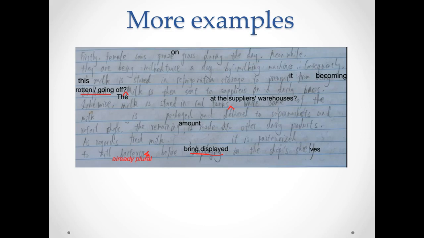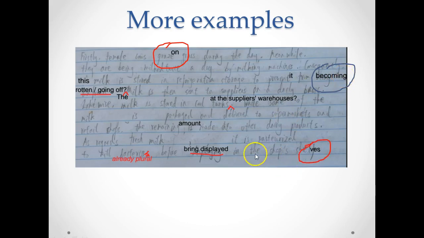Look at all those mistakes. Firstly, graze on. This is a phrasal verb. Female cows graze on grass. This is a vocabulary problem. The student would lose marks for lexical resource. Prevent it from becoming. The student would lose marks for grammar.